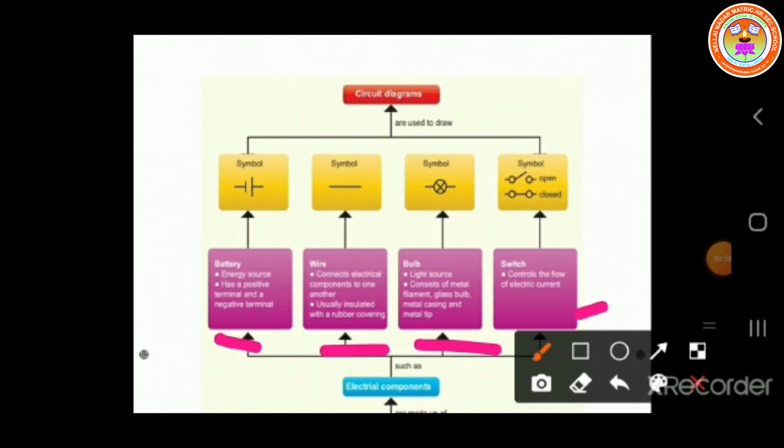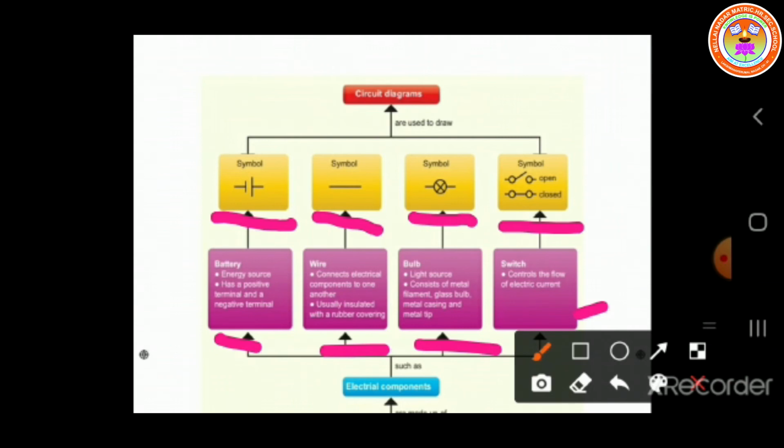For making a simple circuit, these things are needed, students. Here we have a symbol for the battery, and a symbol for the wire. For the wire we use a straight line. Here we have a bulb symbol and a switch symbol. For the switch, off and on: the first one is open, the off condition, and the next one is closed, the on condition.